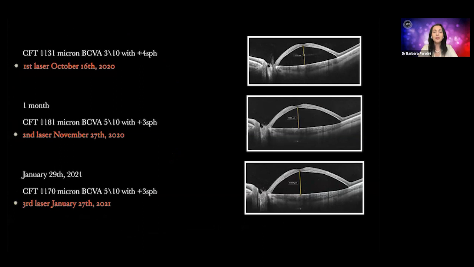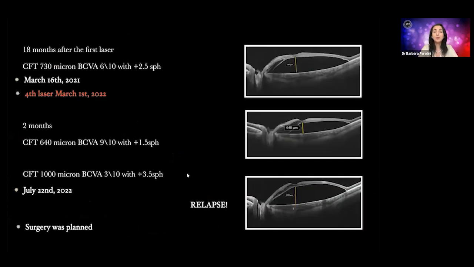Please look that at the moment of start, she has a hyperopic shift of +4. This is her actual refraction, +4. The first 3 lasers do not seem to be so effective, but with time, she shows a progressive improvement. The subretinal fluid is decreasing, vision is improving, and the refraction is going down, +2.5 and then +1.5, mirroring the reabsorption of the fluid.